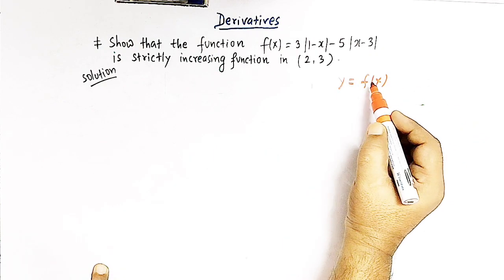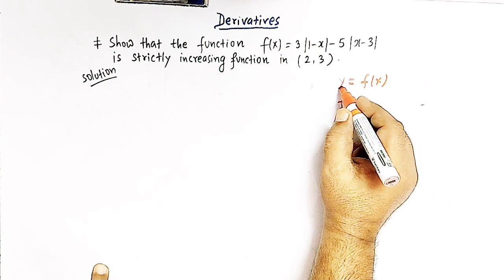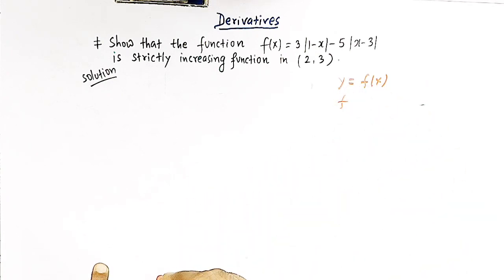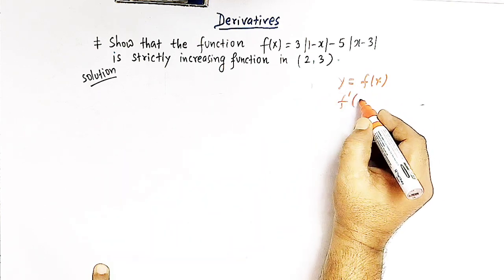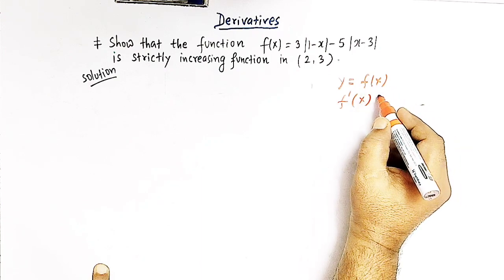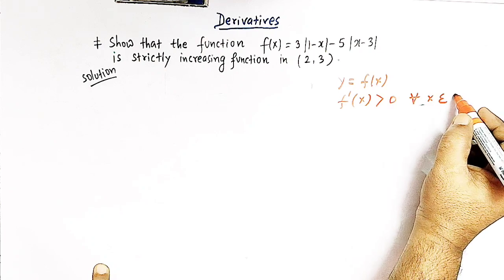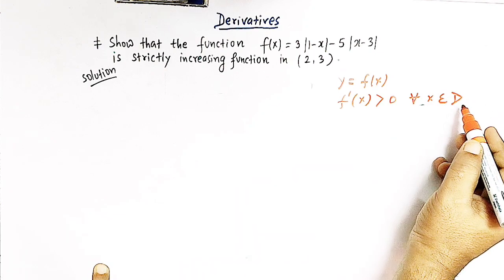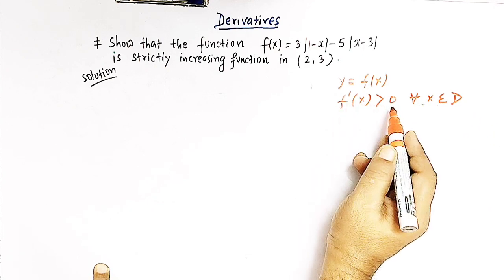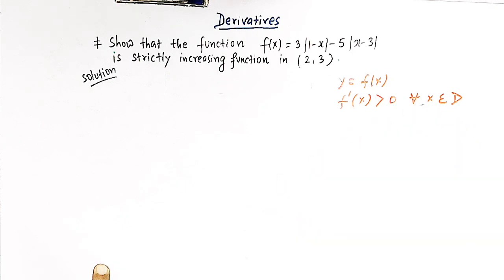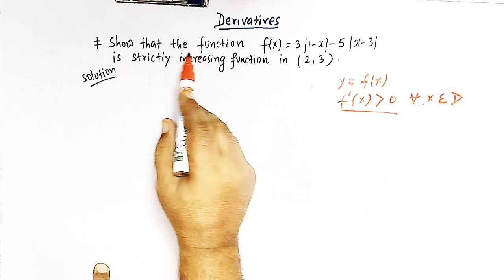And if the derivative of this function f of x exists, then the function y is equal to f of x, which is defined in some domain, then this function is said to be a strictly increasing function if the derivative of this function is positive for all values of x belonging to the set of the domain, right? And here we write D for domain. So the derivative must be positive or it is greater than 0 for all values of x belonging to the domain. So we'll use this concept in solving this problem.